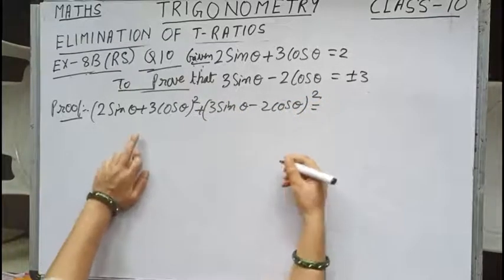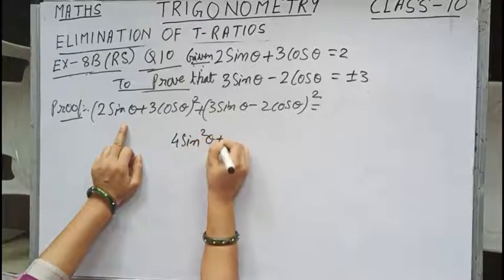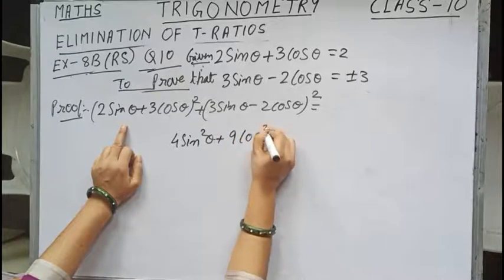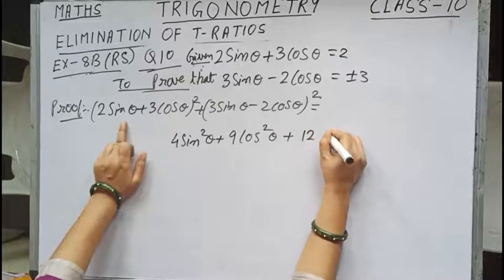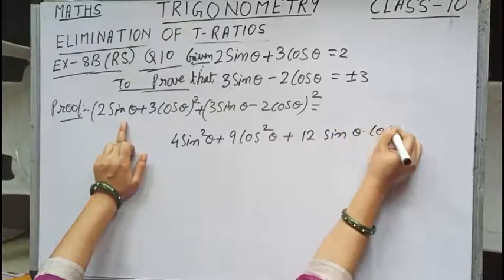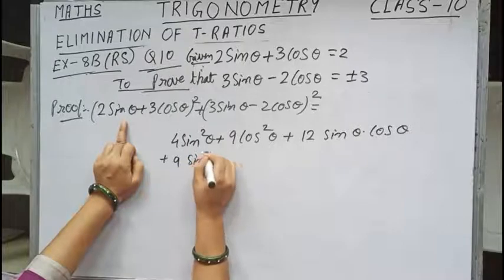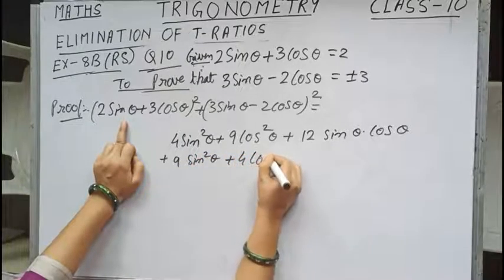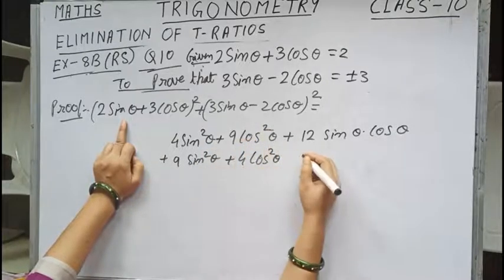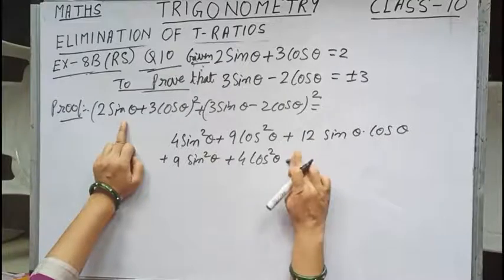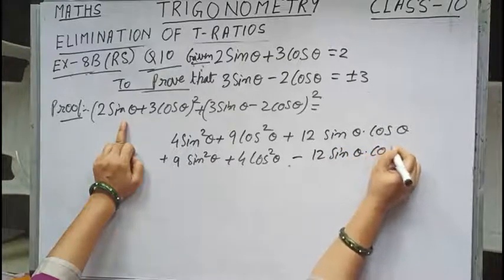This will be equal to, let us solve it. So this will be equal to 4 sin square theta plus 9 cos square theta plus 2 3s are 6 and 6 2s are 12, 12 sin theta into cos theta, plus 9 sin square theta plus 4 cos square theta, minus 12 sin theta into cos theta.